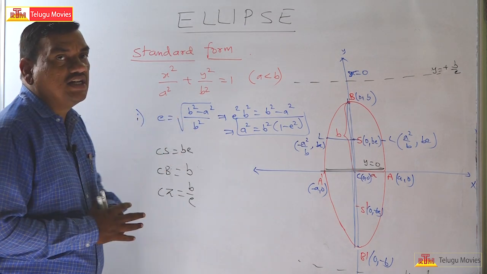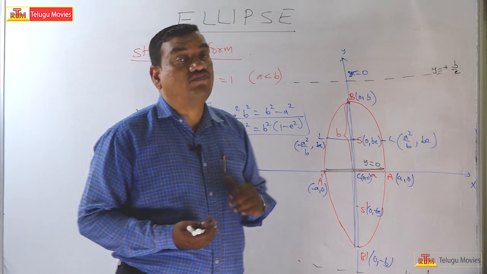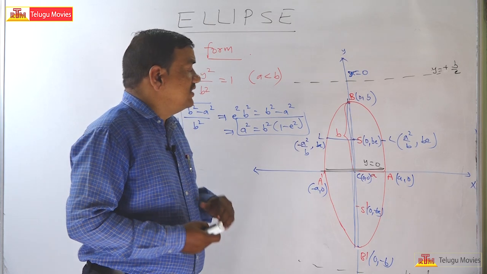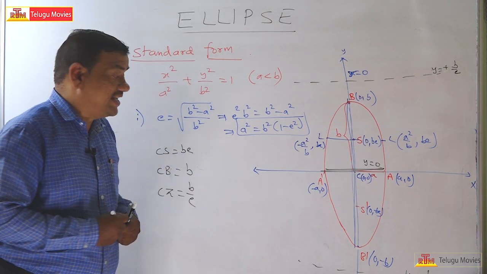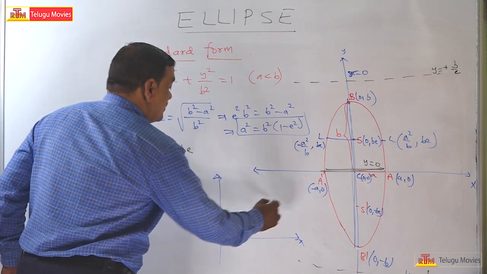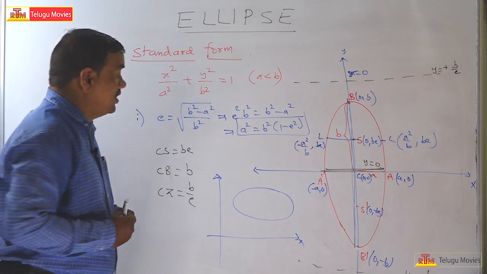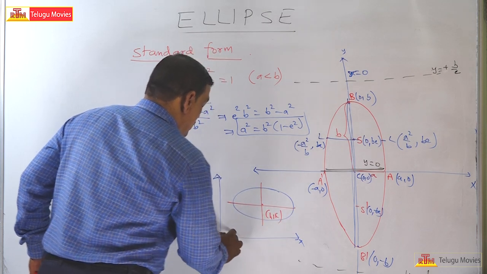In these two models, we have taken the center coinciding with the origin of the two-dimensional system. If the center does not coincide with the origin, for example, let us say this is the x-axis and y-axis, and this is your ellipse, and the center is shifted to some (h, k).